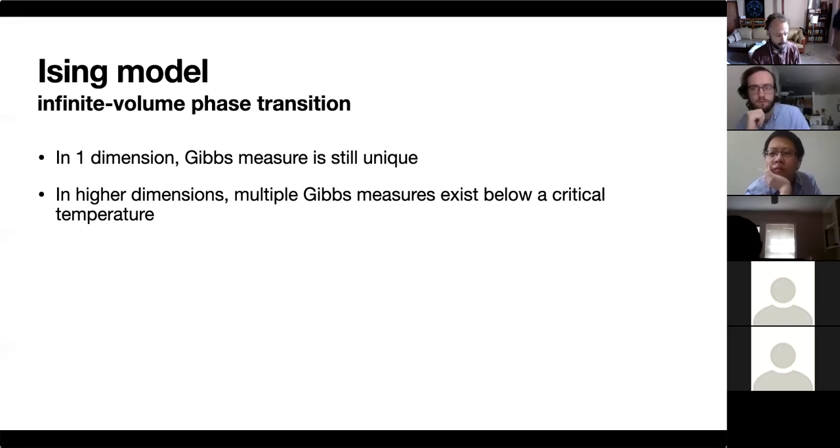Anyway, in any case, there are these scaling parameters that show up.